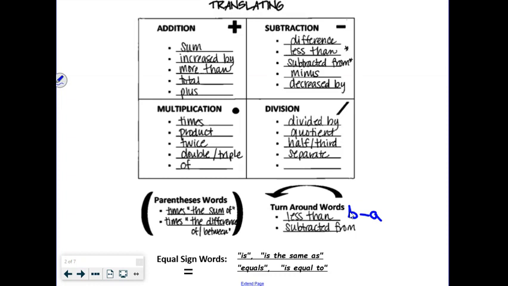So B minus A. Or something is subtracted from another thing. So if we want 7 subtracted from 10, we actually write the 10 first and then minus 7. So that can be tricky. And then some equal sign words. Is the same as, equals, is equal to. Okay. All right, let's take a look at some of these.